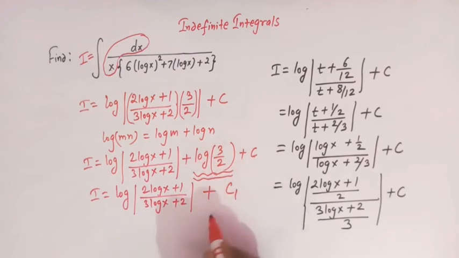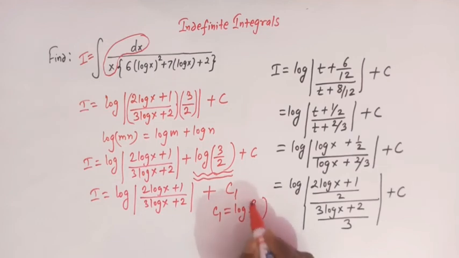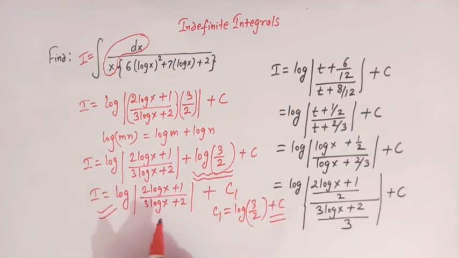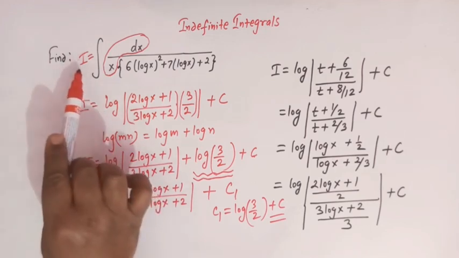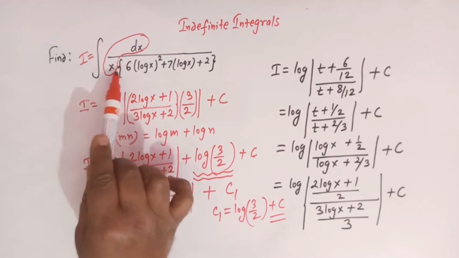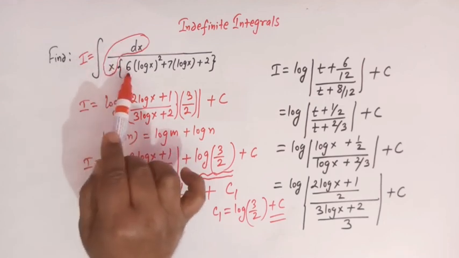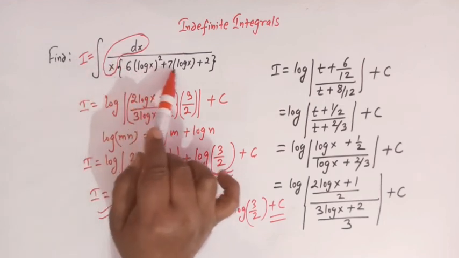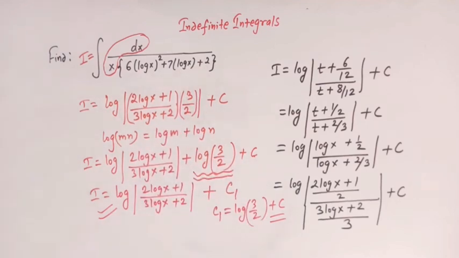And c1 is some other constant, so c1 can be taken as log of 3 over 2 plus c, right? So this is the integral of this given function, that is 1 over x times 6 log x square plus 7 log x plus 2, right?